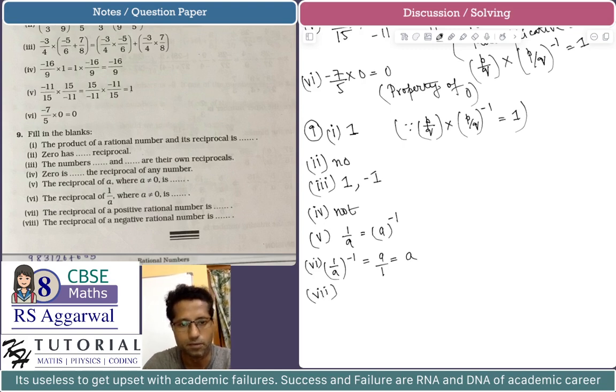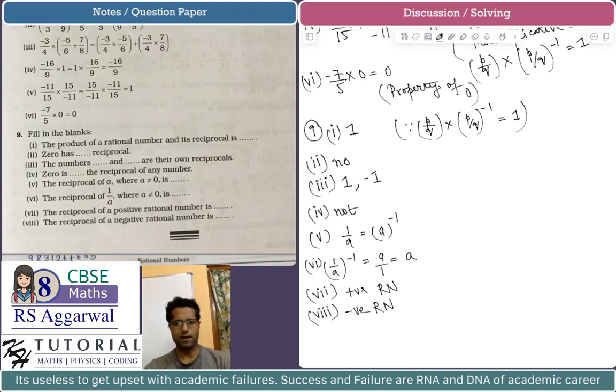Part 7. The reciprocal of a positive rational number is a positive rational number. Part 8. The reciprocal of a negative rational number is a negative rational number.